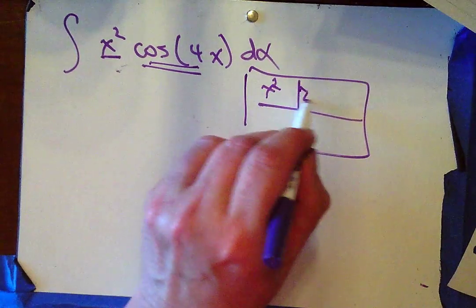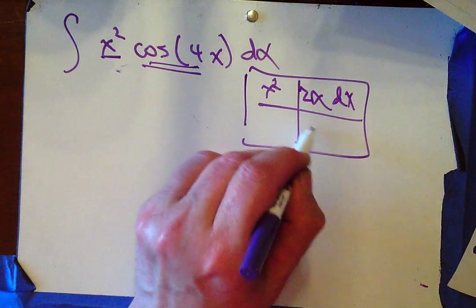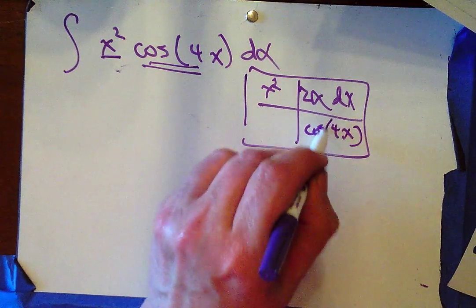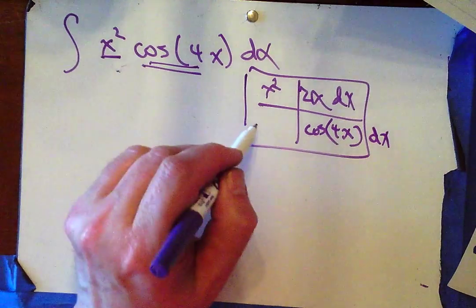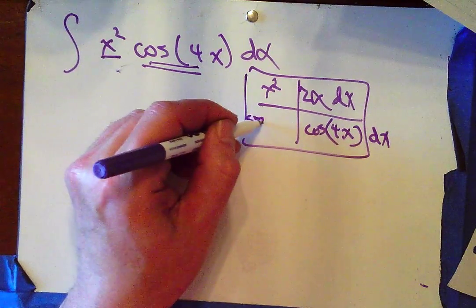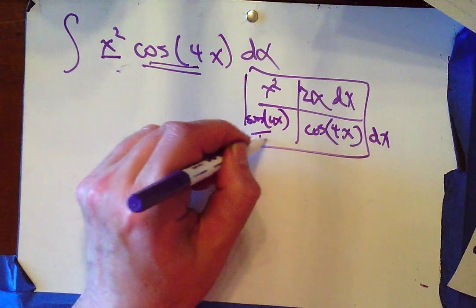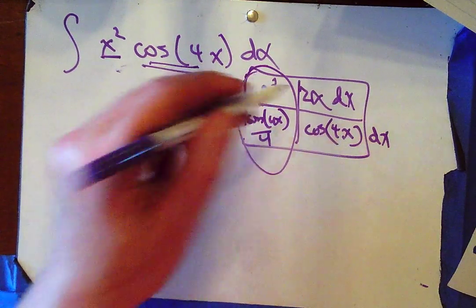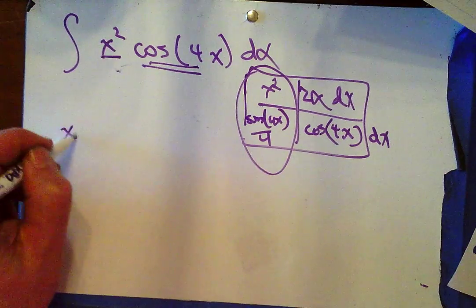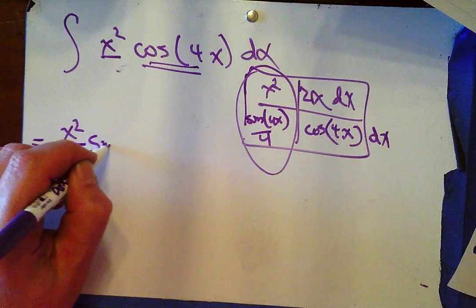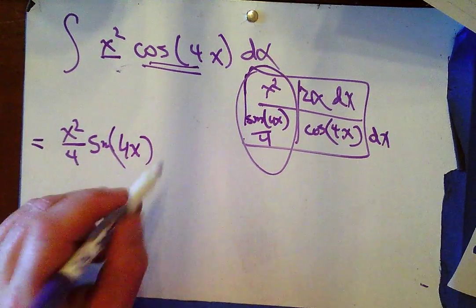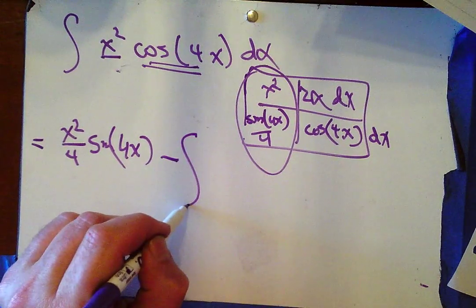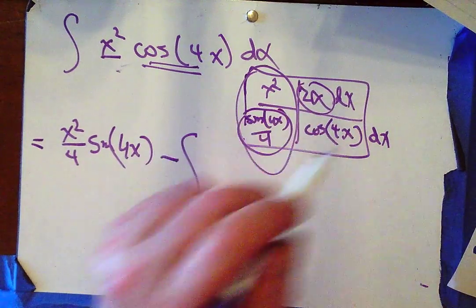Put the x squared here, 2x dx. Here we have the cosine of 4x dx, and then over here we'll have sine 4x over 4. So this times this, that's going to be x squared over 4 sine 4x minus the integral of this times that.